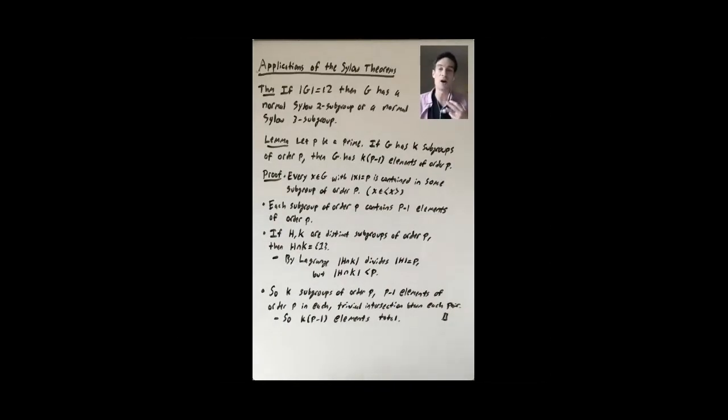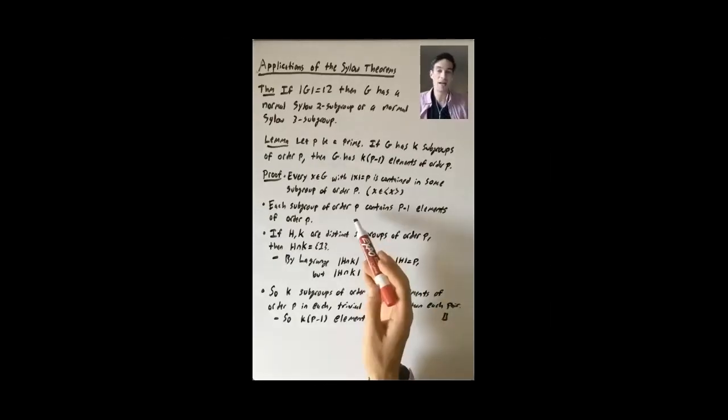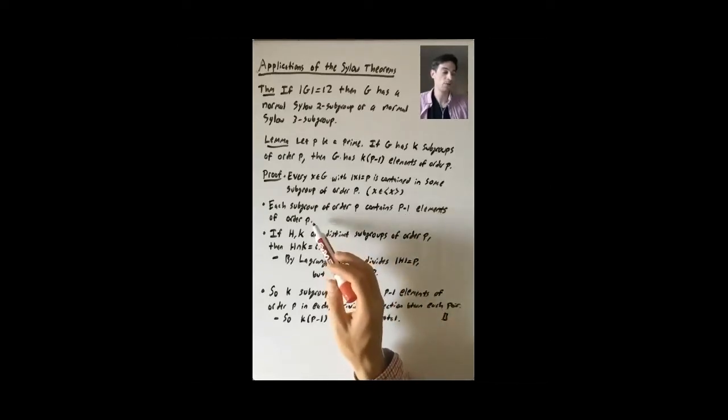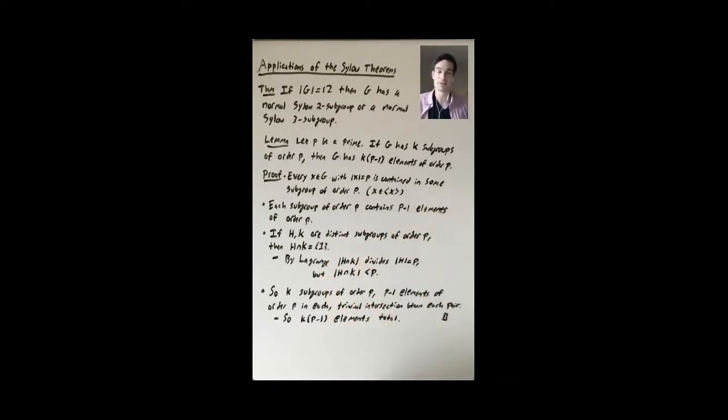So we can find all of the elements of order p by adding up all of the elements of order p in all of the subgroups of order p. Inside each subgroup of order p, how many elements of order p does it have? Every non-identity element has order p. So there are p minus 1 elements of order p for each one of these k subgroups.